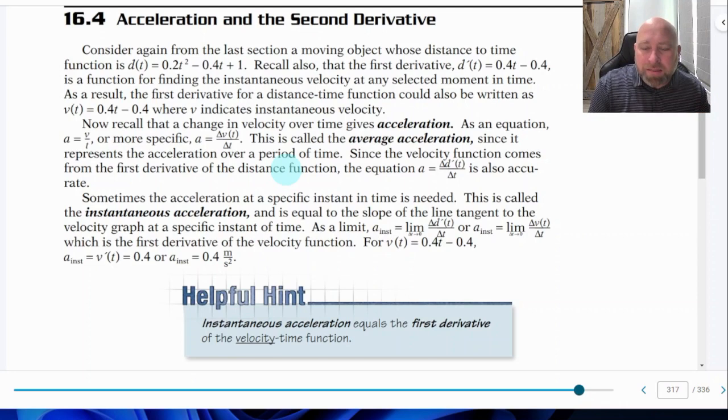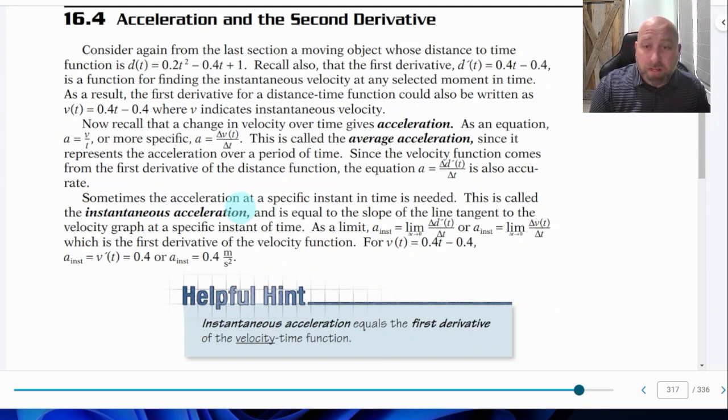In this lesson, we're taking acceleration to the next level, and that is finding, as you can see down here, instantaneous acceleration. What does that mean? How fast is it going at a certain moment in time? And you determine what moment in time you're looking for.